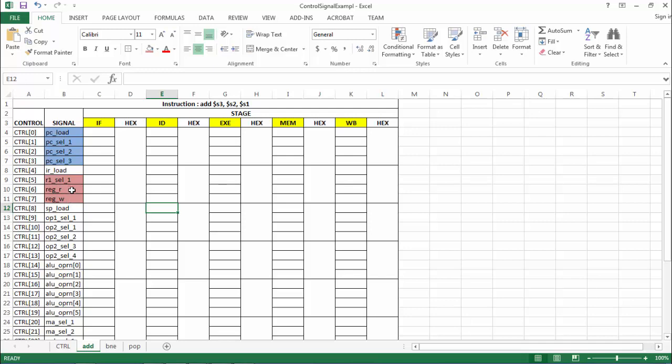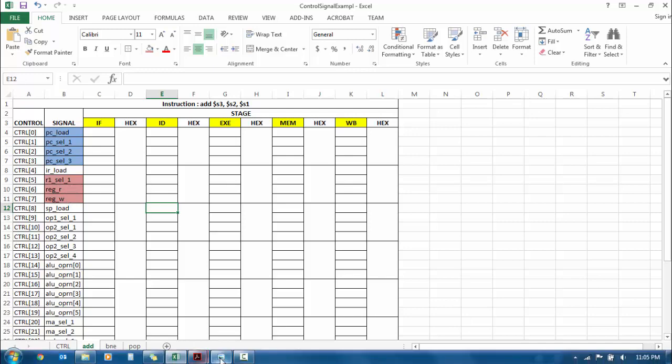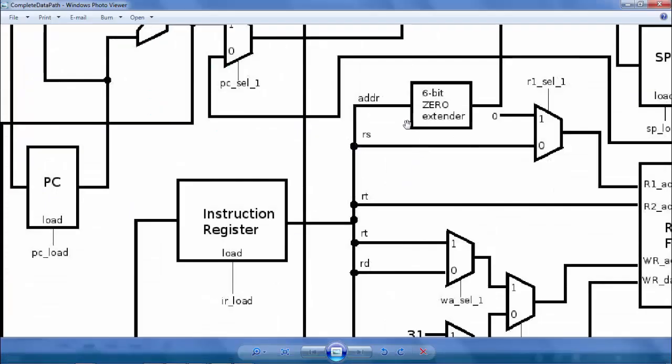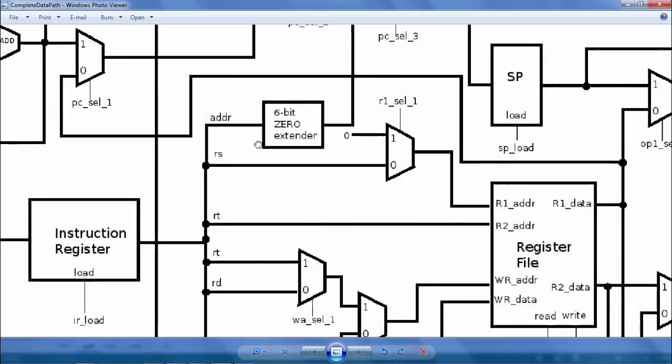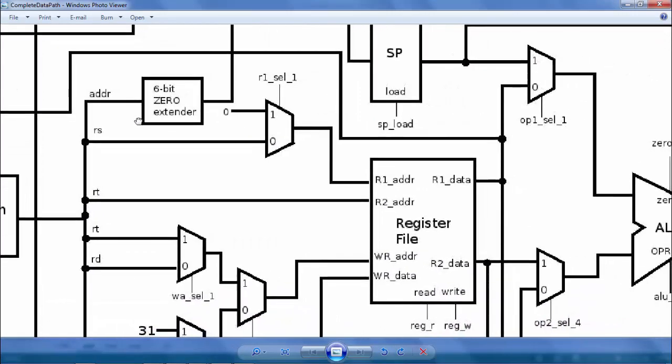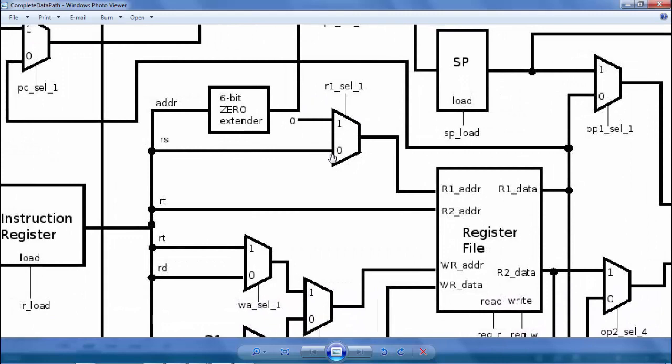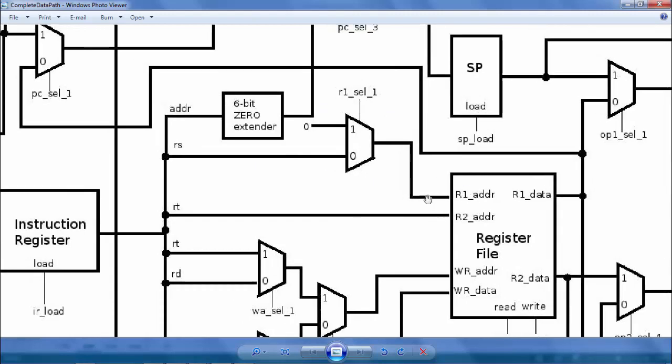And R1 select, let's see what is that. I think this one, right? So it is used for the push and pop operation, but it is practically selecting the address of the R1 register to be read from this register file. So this is accessing the register, especially during the read or register fetch stage.